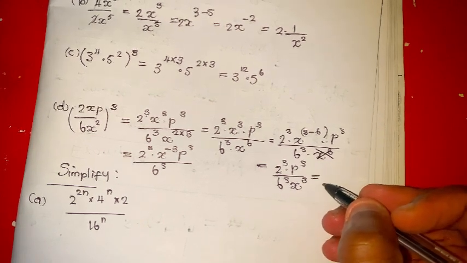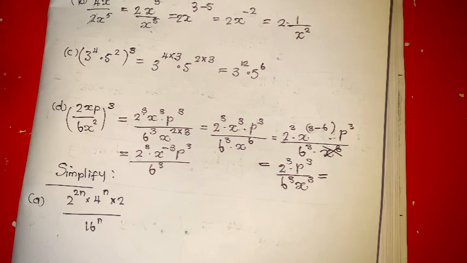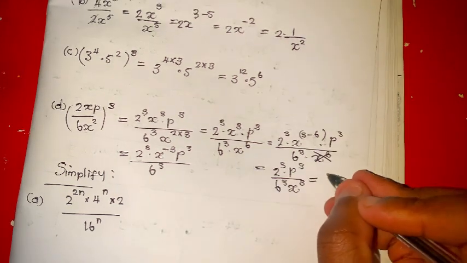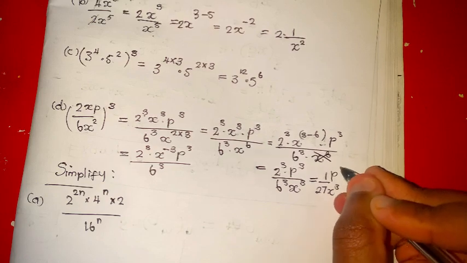I can give you the simplified answer. You should find that 2 to the exponent of 3 divided by 6 to the power of 3, you will find 1 over 27 x cubed p cubed, right?